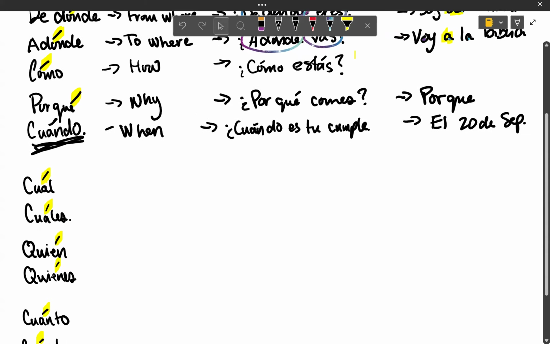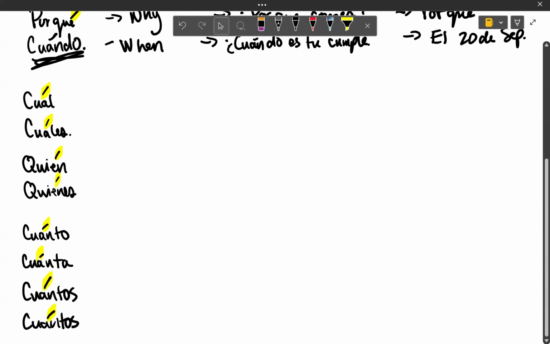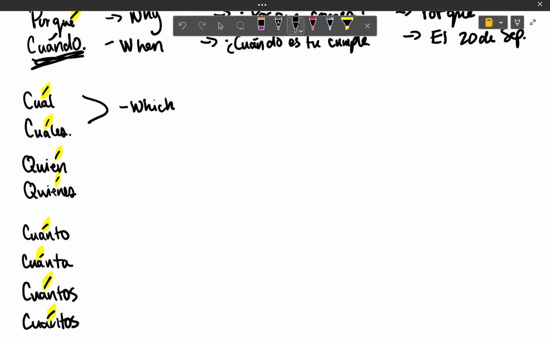And I saved these ones for last because they have different forms. Sometimes that's confusing. So which, cuál. Cuál is not interchangeable with qué in Spanish, but many times in English when we say what, we actually use cuál in Spanish, and we'll figure that out as we go.